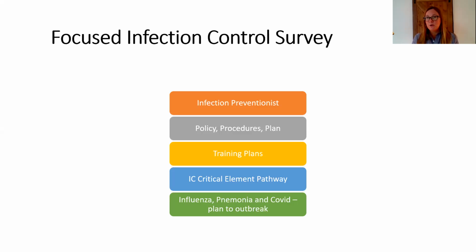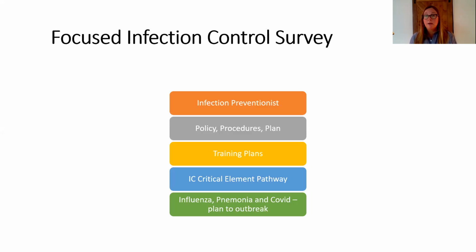I know that there's no surveyor guidance. I know that there's no updated appendix, but we do know that at the end of November of last year, in 2019, phase 3 became implemented, that you need to be compliant with these phase 3 regulations, and one of them was the infection preventionist. So again, it's looking at the infection preventionist, their time, and what's going on in your facility.